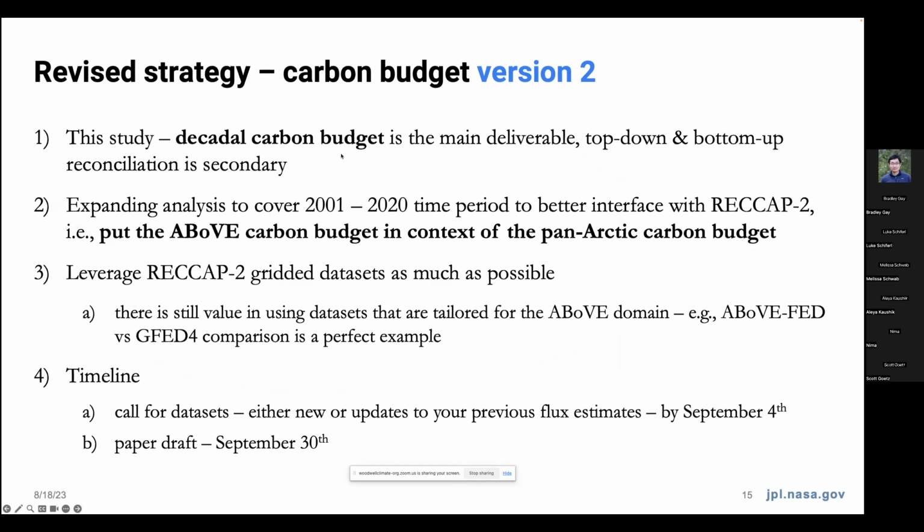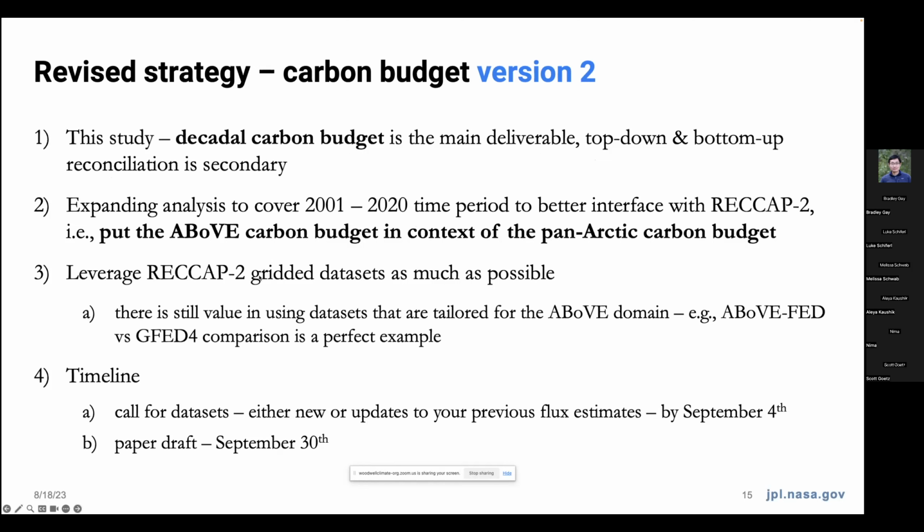I think that's what's really needed. We can certainly expand the time period. We have a lot of gridded data sets that we can tap into to look at two full decades, which I think will be really useful information. The top-down and bottom-up reconciliation maybe becomes a second study, including the comparison to the flux towers, which I think is valuable.